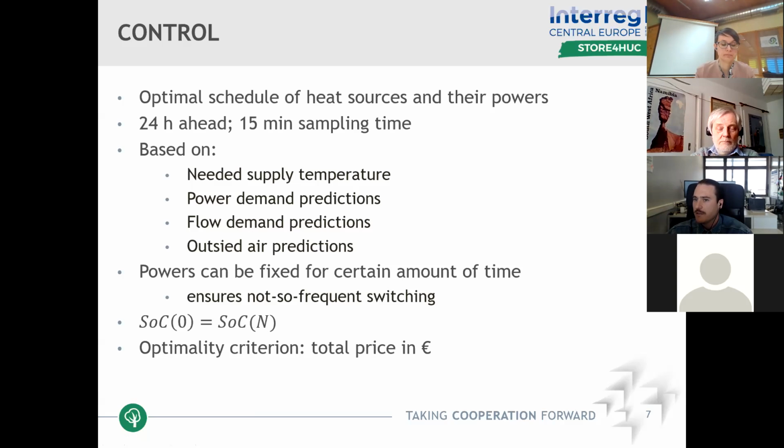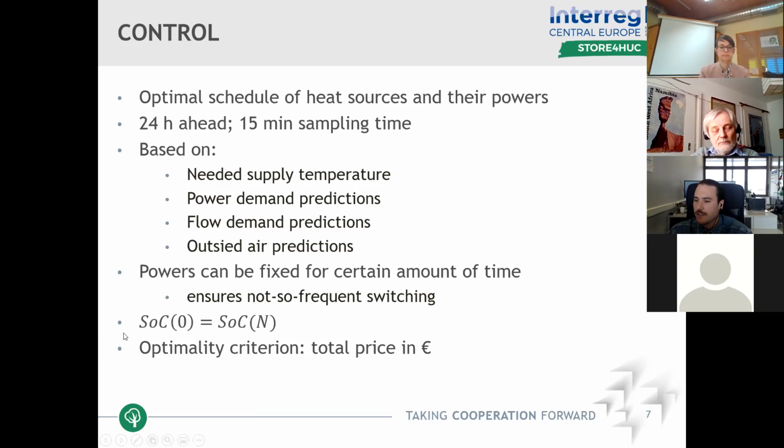This means we don't use energy already stored. So if we would have the tank fully charged, so the temperatures at the maximum, and at the end of the day we have temperatures, let's say at the bottom level, this would mean we would use energy from the day before.